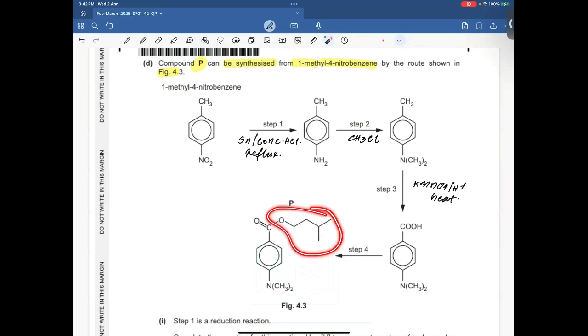And for that, I'm going to use alcohol, CH3 CH2 CH2OH. So this alcohol is going to be used in order to make this ester when treated with this compound. Okay. And obviously H2SO4 is acting as a catalyst under heat.